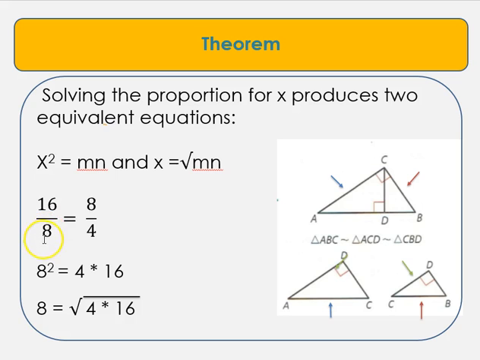So 16 over 8 equals 8 over 4. 8 times 8 using cross multiplication is 8 squared. 4 times 16 would be 64, but we're not even going to solve this. We're just going to show the relationship. We have 8 squared equals 4 times 16. If we just solve for 8, which would be X, we will have the square root of 4 times 16.